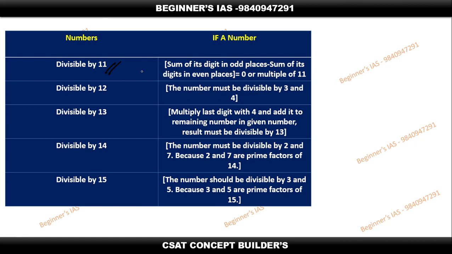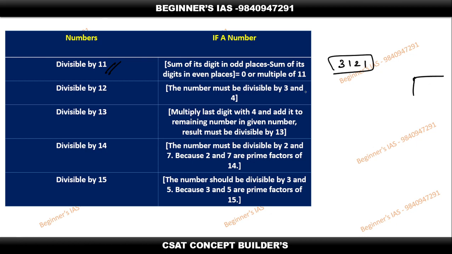Now divisibility by 11. Suppose they give you a number like this, and you need to check whether this number is divisible by 11. What is the procedure? With normal division, when the remainder is 0, the number is divisible by 11.